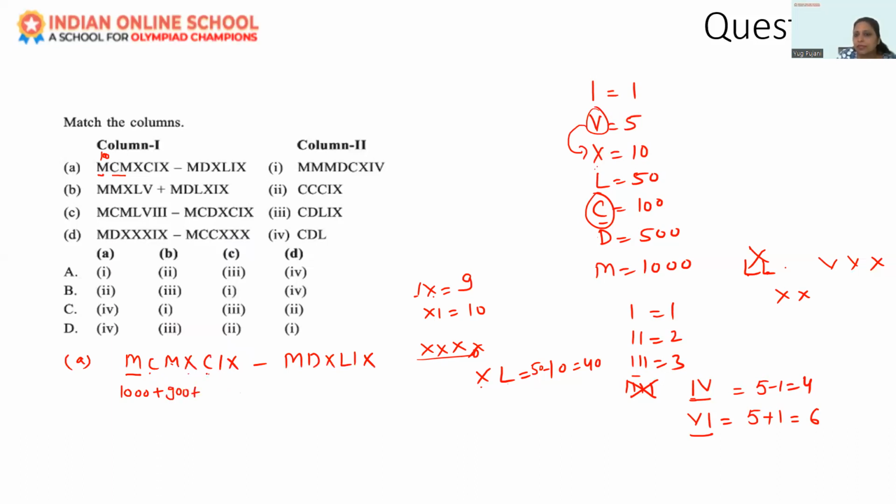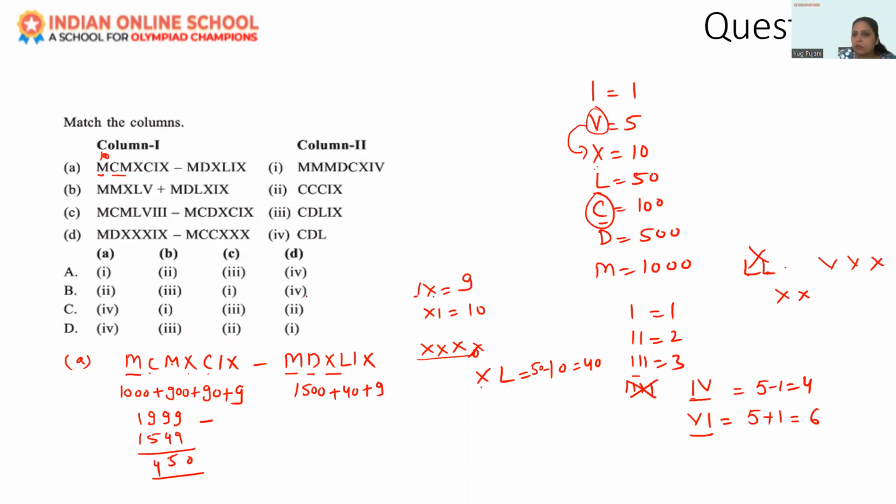XC, X is on the left side of C, so it becomes 90, plus 9. So M is 1000, 900, and 99. So it becomes 1999 minus, M is 1000, D is 500, so 1500, XL is 40, plus 9, so 1549. Subtracting, 9 minus 5 is 4.